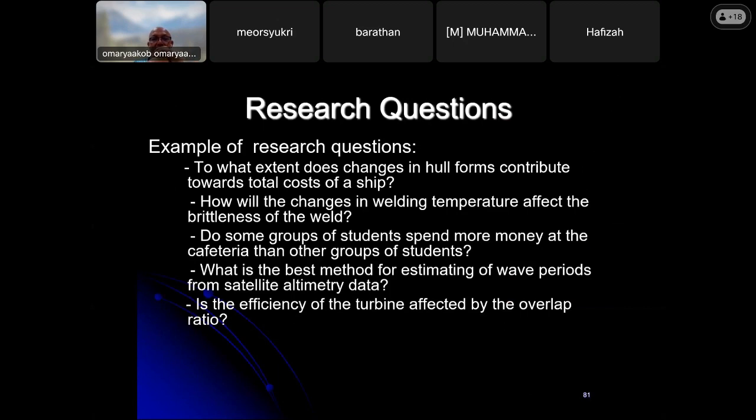Anybody? Can I try? Yeah, go ahead. To investigate the effect of changes in hull forms towards the total cost of a ship. Okay, to investigate the effect of changes in hull forms towards the total cost of the ship.